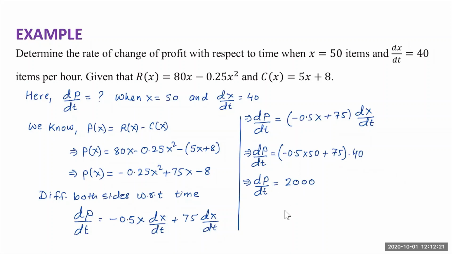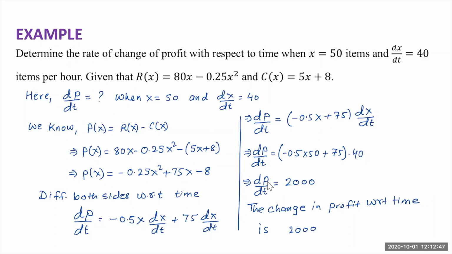Let me write that sentence here. The change in profit, or you can also say rate of change of profit, with respect to time is 2000. But when you see here, it is the profit with respect to time.